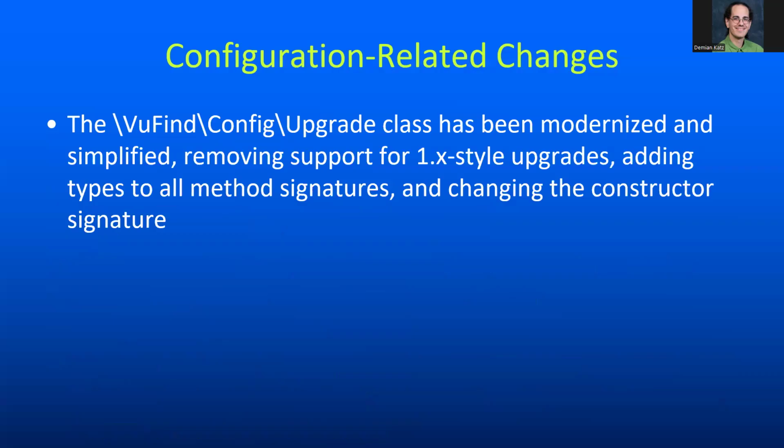So the config upgrade class no longer supports all that old stuff because we assume you're already on VuFind 10, at least when you begin. And since we were drastically changing this class anyway, we also took the opportunity to add types to the method signatures to modernize the code. And the constructor signature was changed due to some internal logic changes. So in the unlikely event that you have a custom subclass of this, you'll need to make changes, but you probably haven't customized this class.